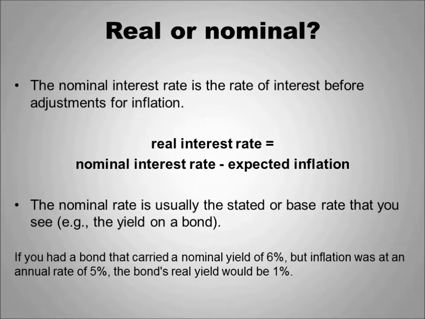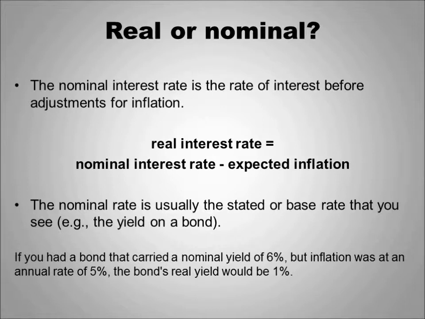So for example, if we're talking about the yields on a bond, that can also affect the interest rate, and can also have a profound impact as we're trading in certain currency pairs. And if you have a bond that carried a nominal interest rate of 6%, but the inflation was an annual rate of 5%, then the true yield will be 1%.